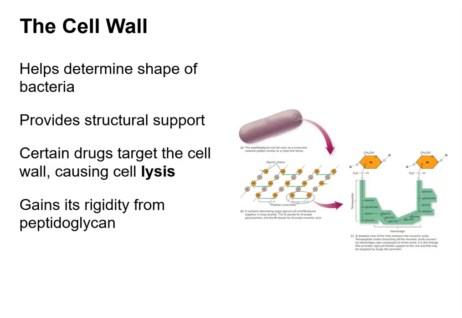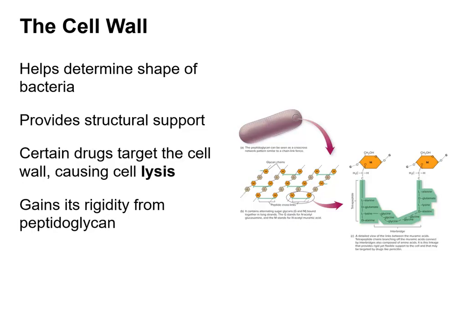Think of it as like a chain link fence, right? A chain link fence is very rigid, but it's also a little bit flexible at the same time because you can take that fencing and put it around a perimeter of your land and it conforms to the shape of your land. So it's a little bit like that with this peptidoglycan construction.